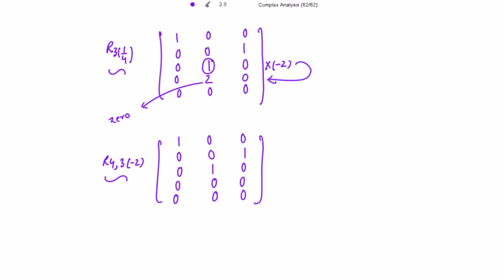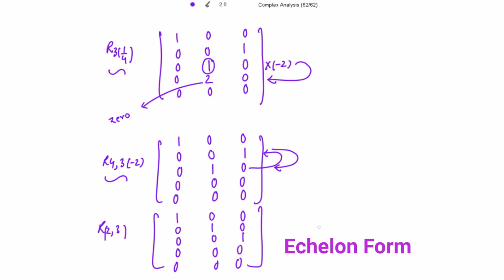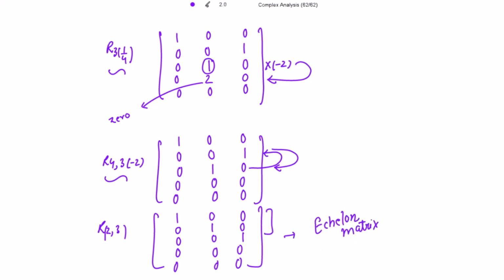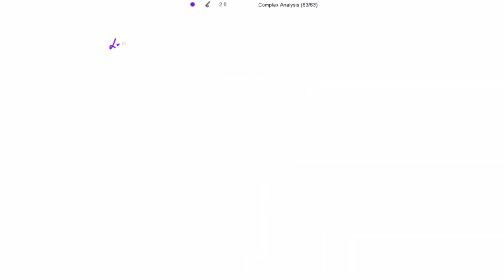To have a beautiful form of echelon matrix, let's interchange row 2 with 3 so that I can get 1 in the middle. So this is your echelon matrix, having the non-zero rows at the top, and now writing the basis for W1 plus W2. Let B be the basis for the sum of the subspaces.